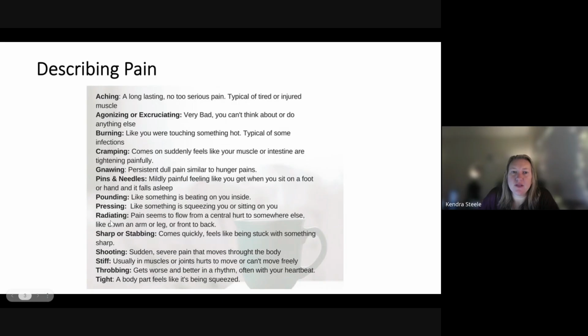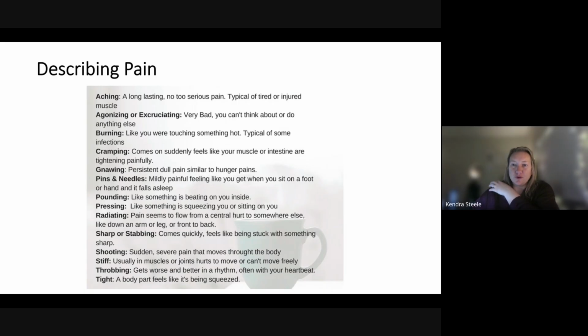Radiating pain. Pain seems to flow from a central hurt to somewhere else, like down an arm or a leg, front to back. So if you have pain that is radiating, you are explaining to a healthcare provider where the pain started and where it feels like it's going.